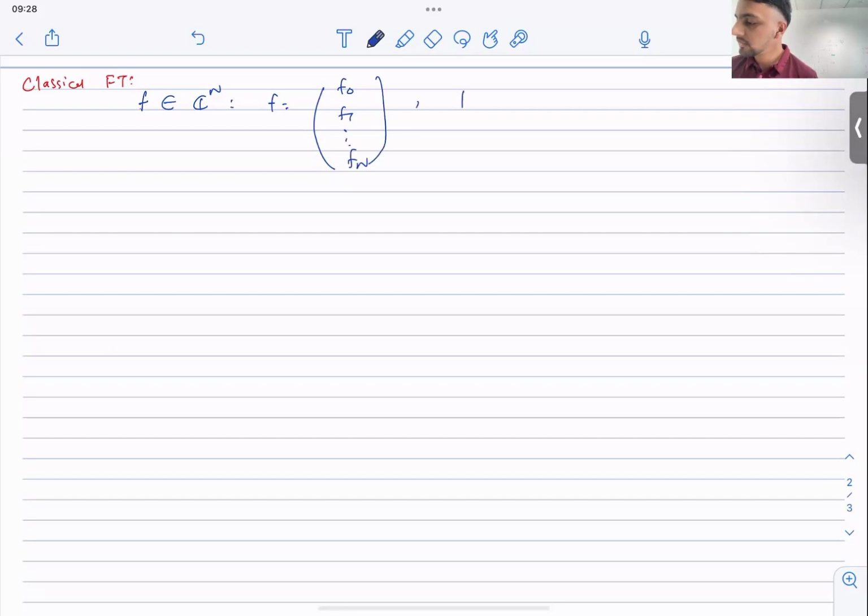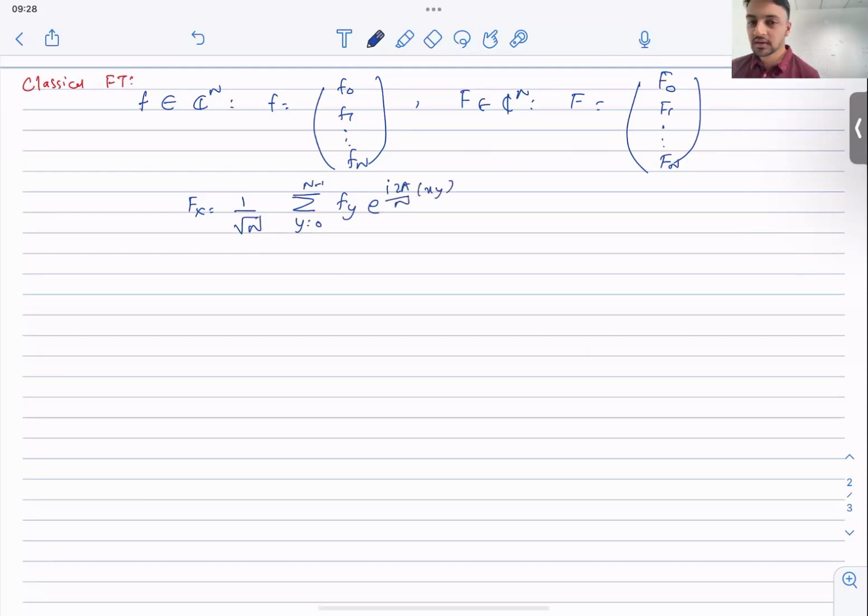Then your capital F is going to be another complex function that looks like this, f0 to fn. And capital F is related to small f by this formula, where x is 0, 1, up to n minus 1.